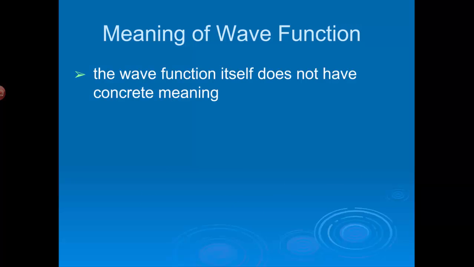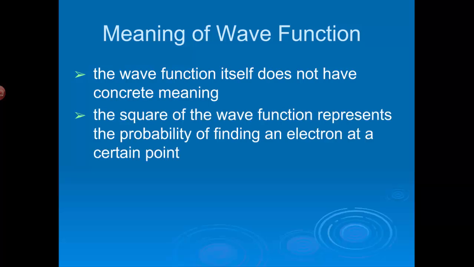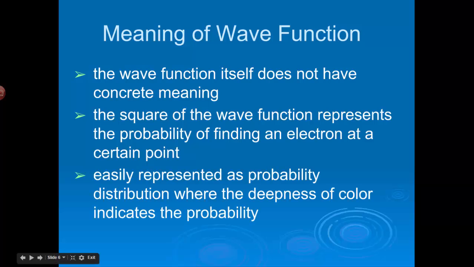If you think about psi, the wave function itself, it doesn't have any concrete meaning. If you square the wave function, you come up with a probability of finding an electron at a certain point. It's about 90% certain. And we have this probability distribution.